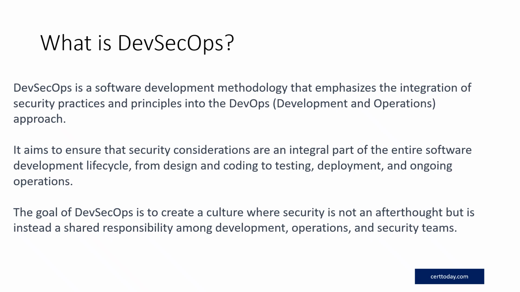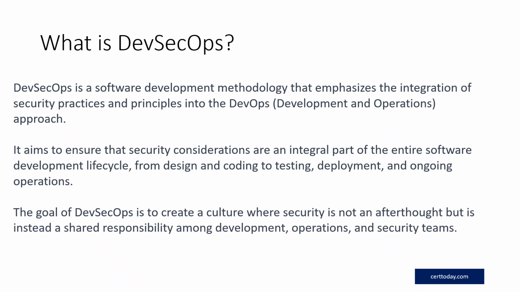We have talked about DevSecOps. We have mentioned this concept several times, but what is it? DevSecOps is a software development methodology that emphasizes the integration of security practices and principles into the DevOps or development and operations approach.